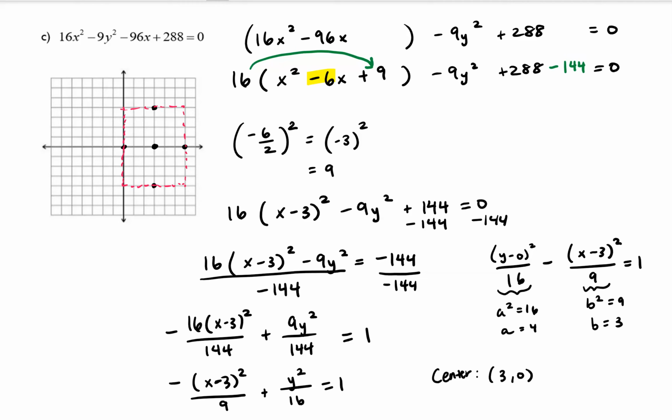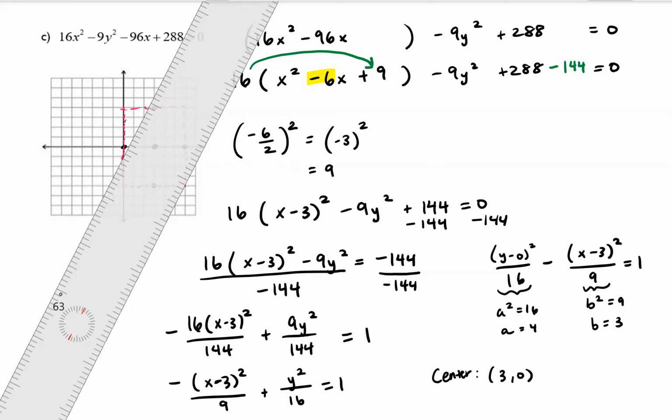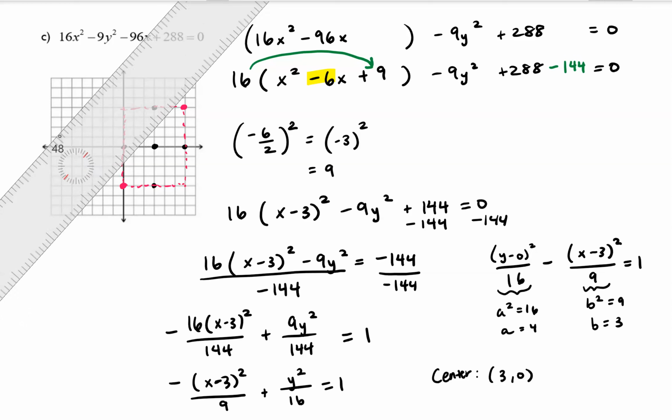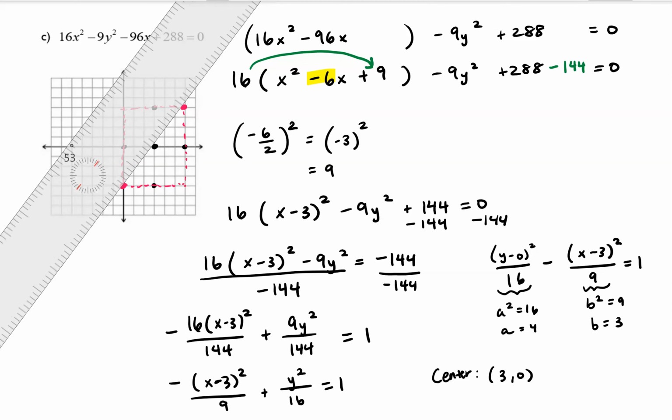And we can draw our asymptotes by connecting the opposite corners of our rectangle. So I'll just highlight the ordered pairs there and then connect them with my ruler here.